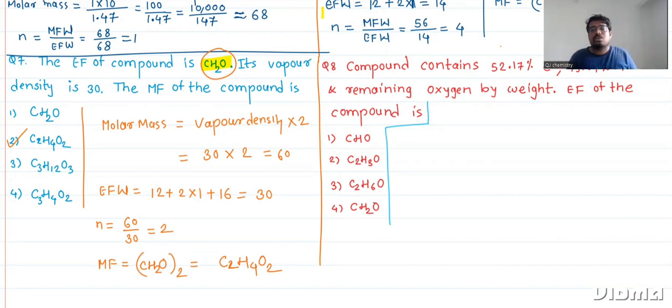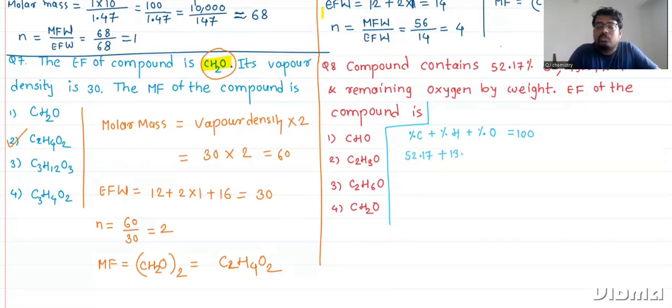So the sum of the percentages of the constituent particles is always equal to 100%. So percentage of carbon plus percentage of hydrogen plus percentage of oxygen is equal to 100. Now 52.70% of carbon is given plus 13.04% of hydrogen plus oxygen percentage is equal to 100.